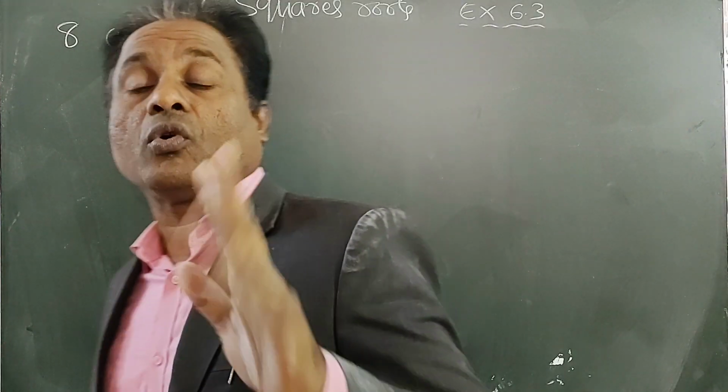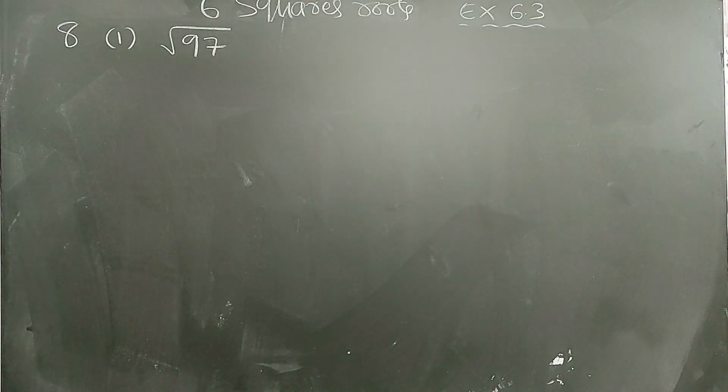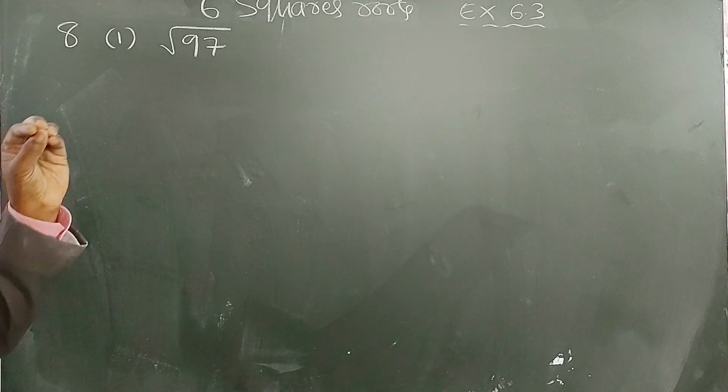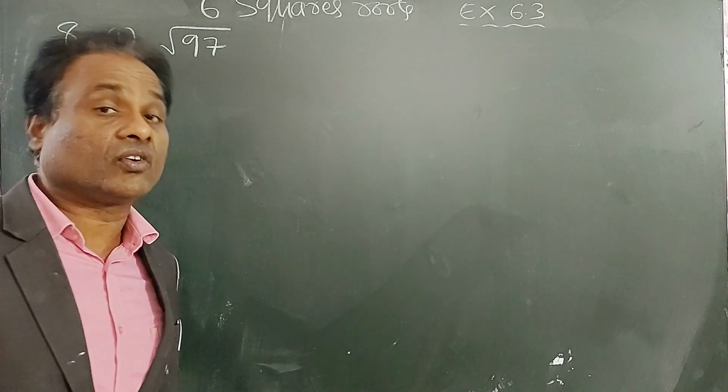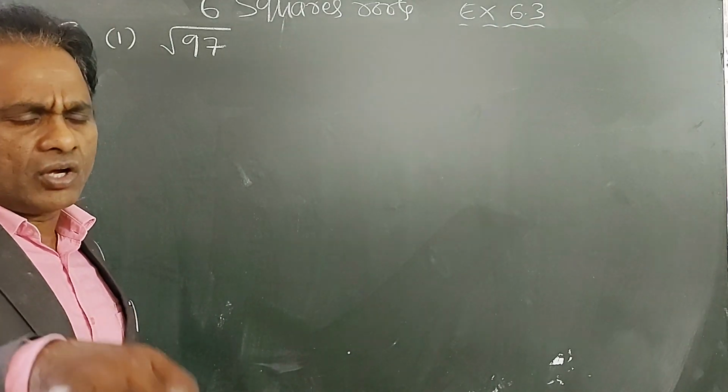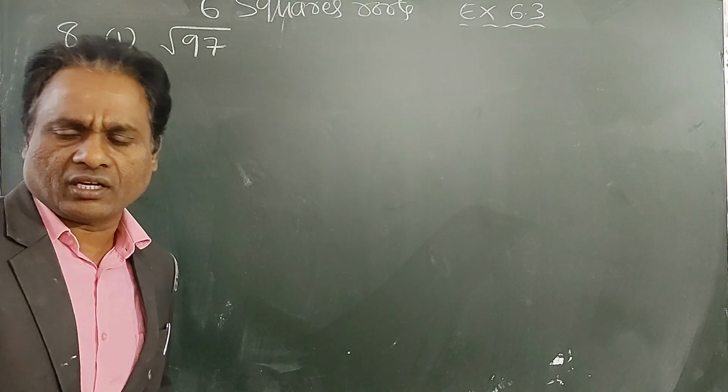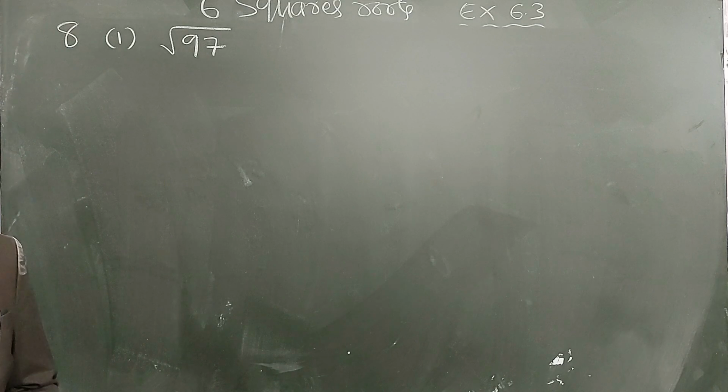If you square any number, we won't get 97. We are not asked to find the square root of 97. The square root of 97 also we can find, but that syllabus is not there in your 8th class. You may study it in higher classes.